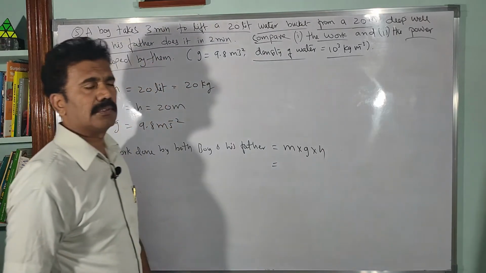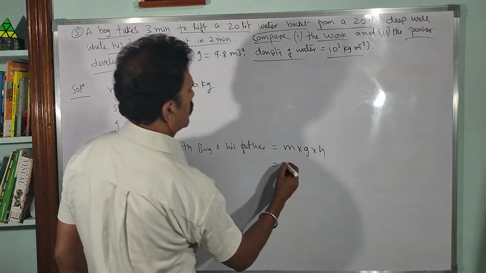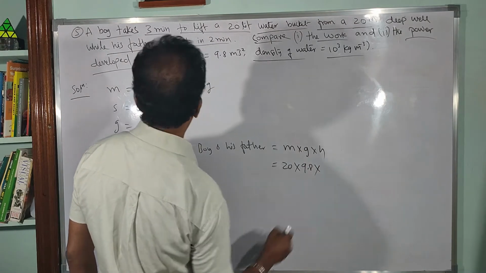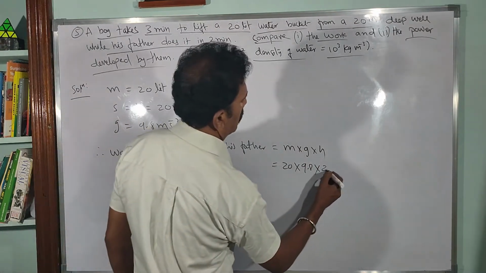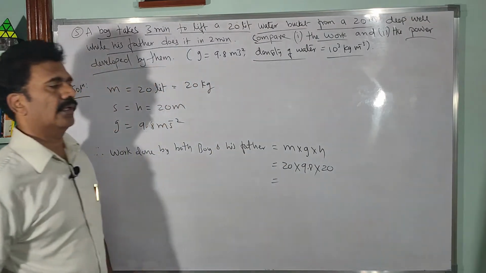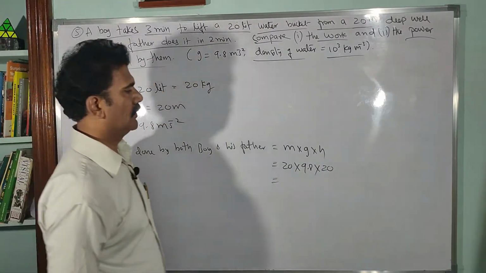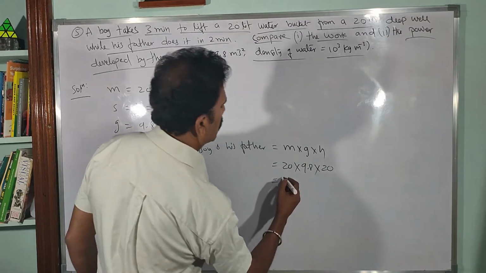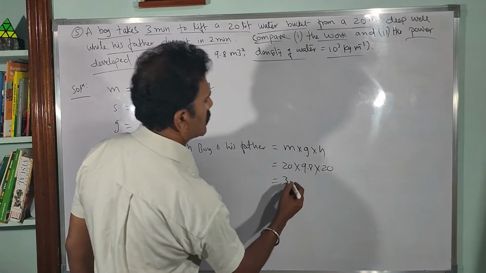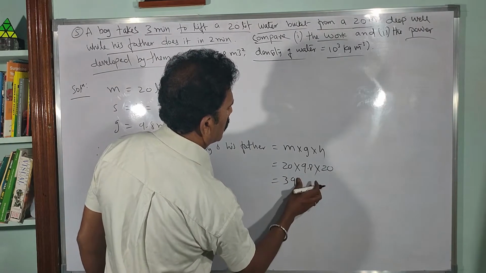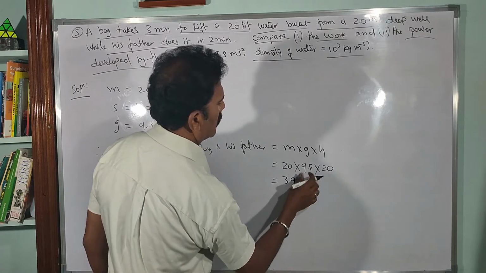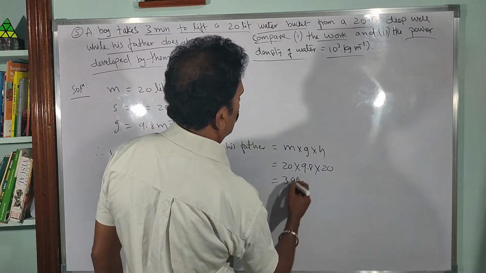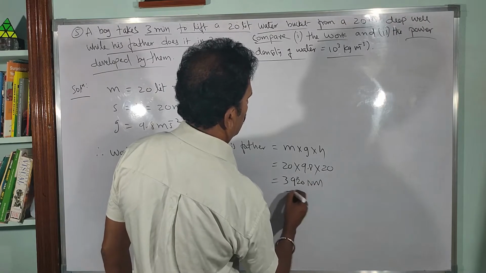Just multiply the value of 20 kg and 9.8 into the height of 20 meter. If it is 10, nearly it is 4000. Now it is given 9.8, so calculate and you will get 3920. Calculate and check the value. 3920 is the work done, in Newton meter.